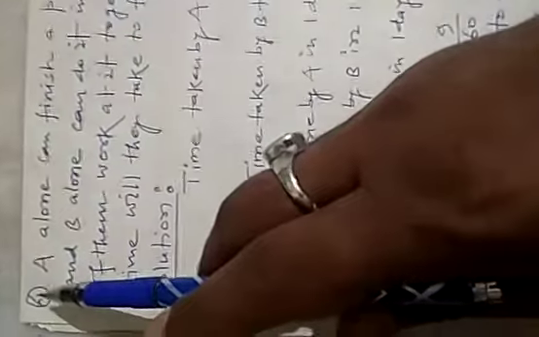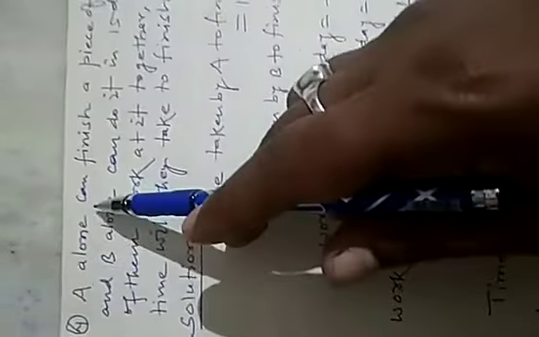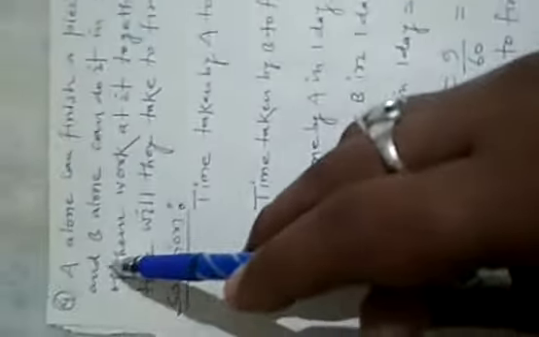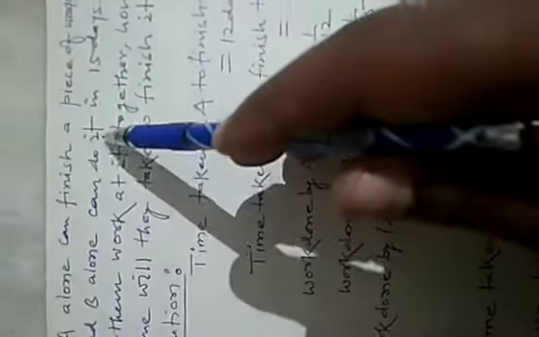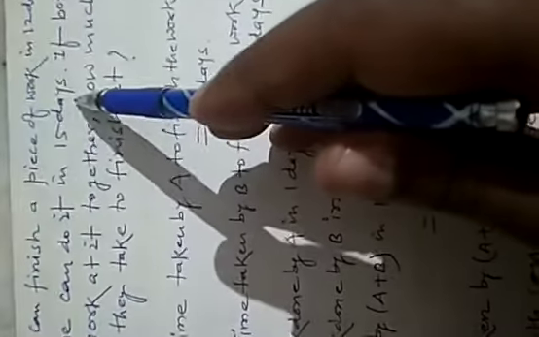Student, take another example. A alone can finish a piece of work in 12 days, and B alone can do it in 15 days.